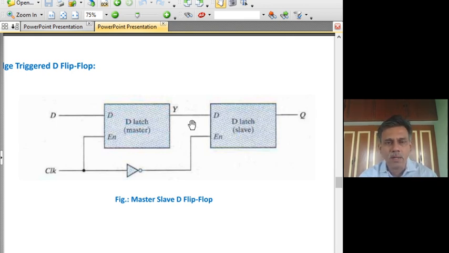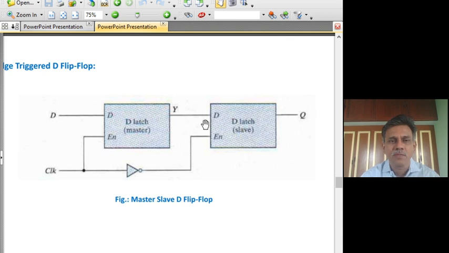So whatever value is stored in the master during the 0 to 1 transition is the one which will be stored by the slave at the trailing or negative edge of the clock, and it will be available at Q, and it will continue to be available when the clock is 0. Until a next pulse comes, this value will be present.